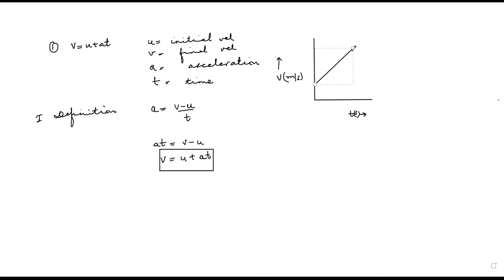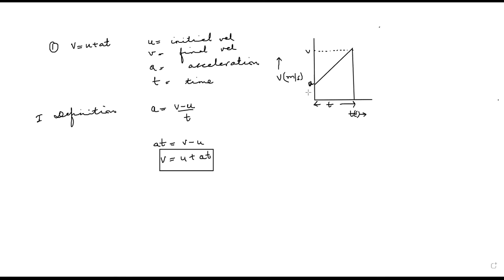Now next step would be to drop down a perpendicular, and my values for initial speed u, and this one is for the final one v. The time elapsed is t seconds. So we have introduced u, v and t, which can be seen in the first equation of motion also.